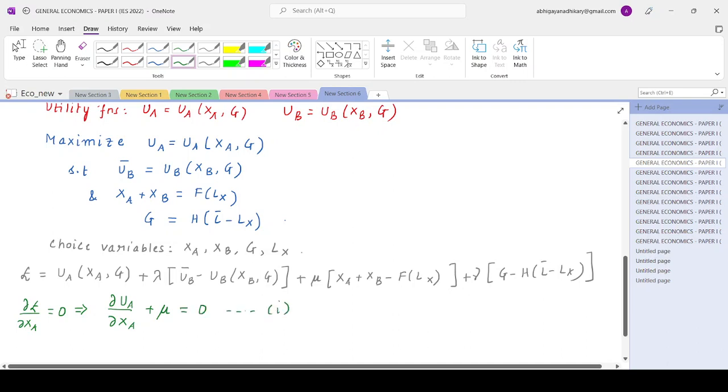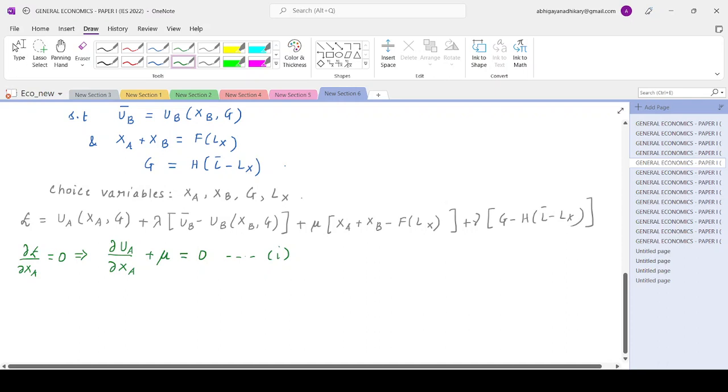This is equation number 1. Second, differentiating with respect to XB should be equal to 0. So that will be lambda times minus del UB by del XB plus mu equals 0. So this is equation number 2.